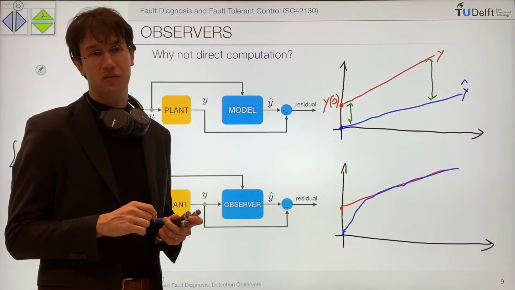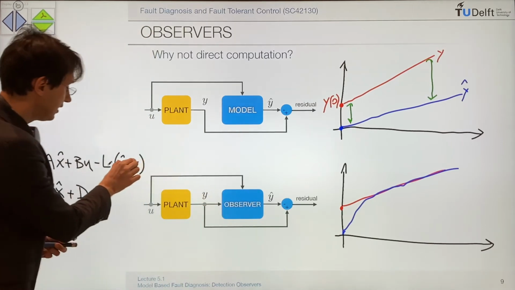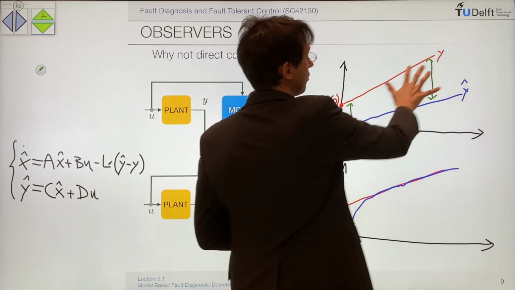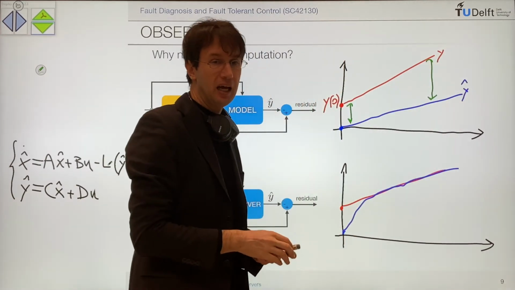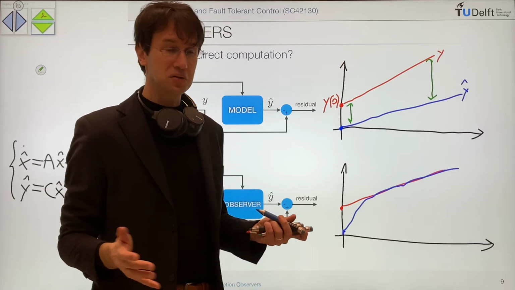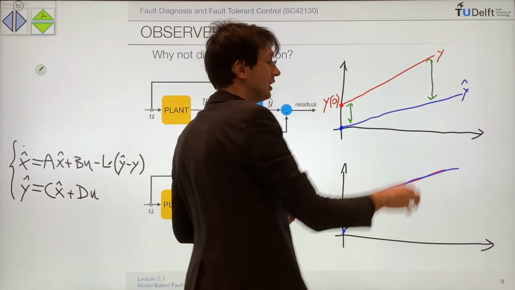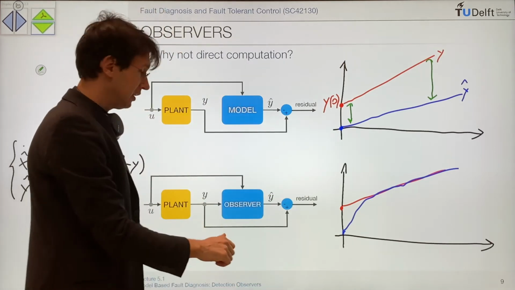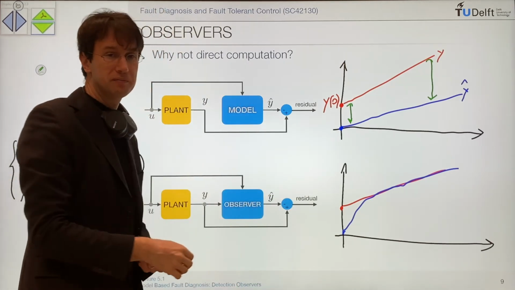So if you design your observer well, then the residual will always be bounded. Instead, in this case, it can grow unbounded. And you can easily see that if you want to define a threshold on something that is unbounded, then you are in trouble. So you cannot apply this approach. You need an approach like this one.